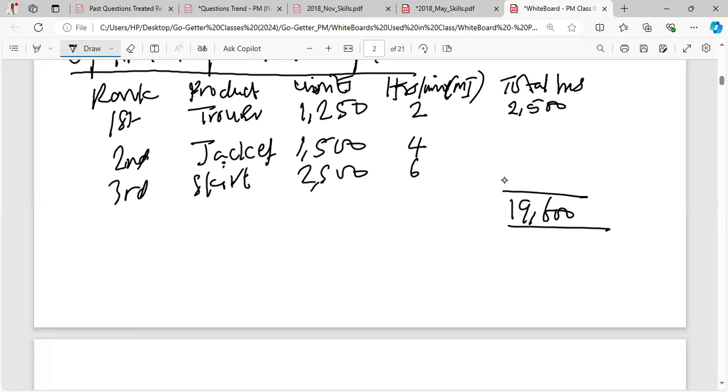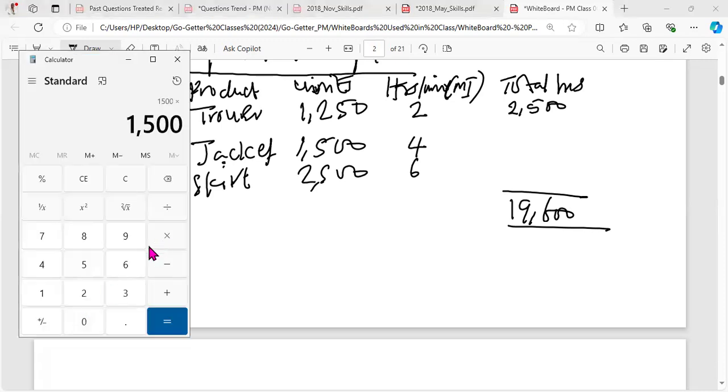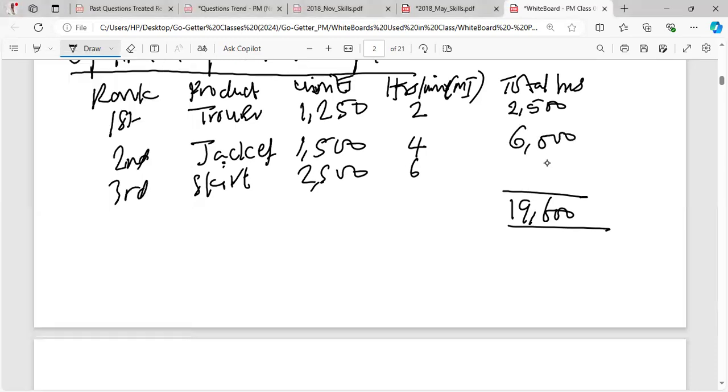Then for the jacket, 15 multiplied by 4 should give me 6,000. If we add it to 2,500, it will be giving us 8,500. So it's not even enough, so I'll put my 6,000. It means that this one can be done.